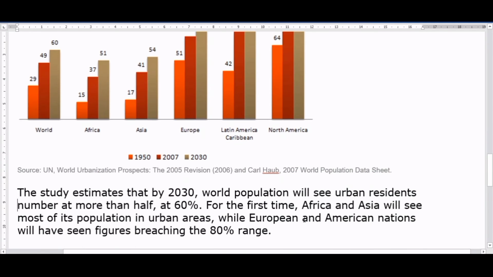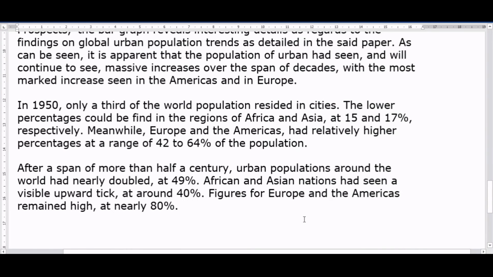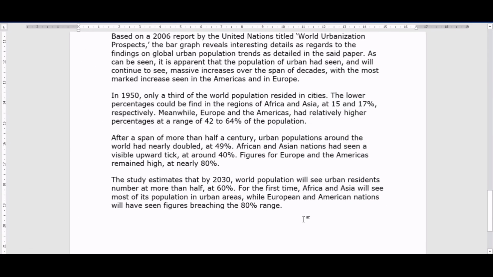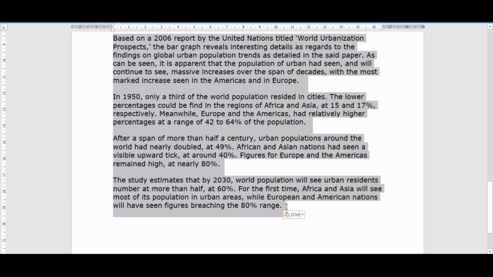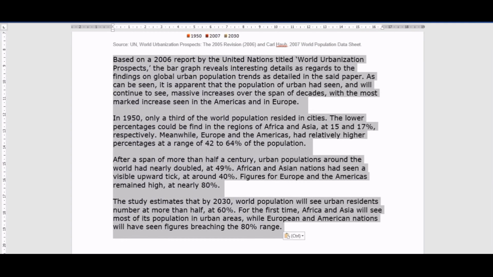Alright, there, and then let's just move that down there. Okay, so let's see how it goes. So that's the entire description that I wrote. Really is a very wordy graph, so it's understandable that we tend to come up with a lot of words at 213 words. So that's it, guys.